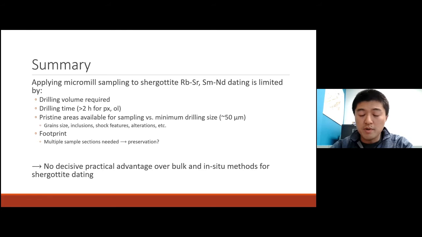So in my opinion, if we were to use, say, a ball mill, which could be tens to 100 microns in diameter, then we'll have a harder time bypassing, say, these phases that we might need to avoid in order to extract a pure igneous signature.